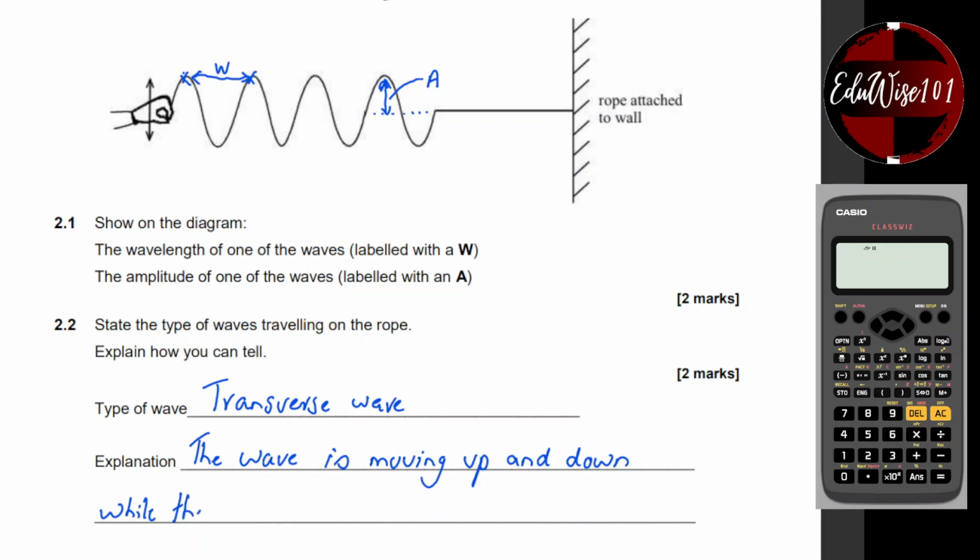while the energy is moving left to right. So the wave direction is in this way, while the rope is actually moving up and down. So you could say it's moving perpendicular.